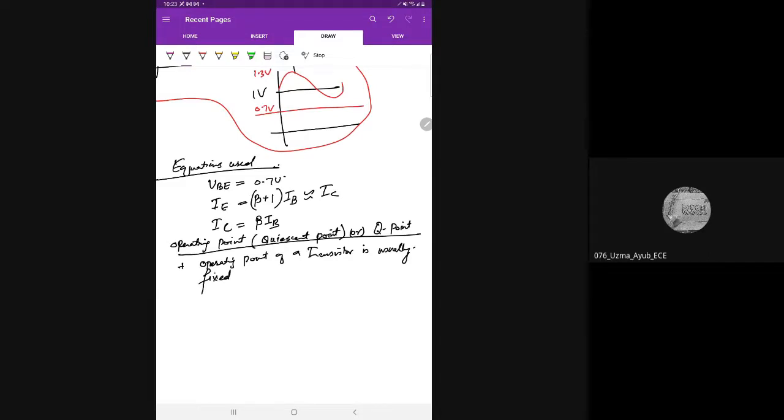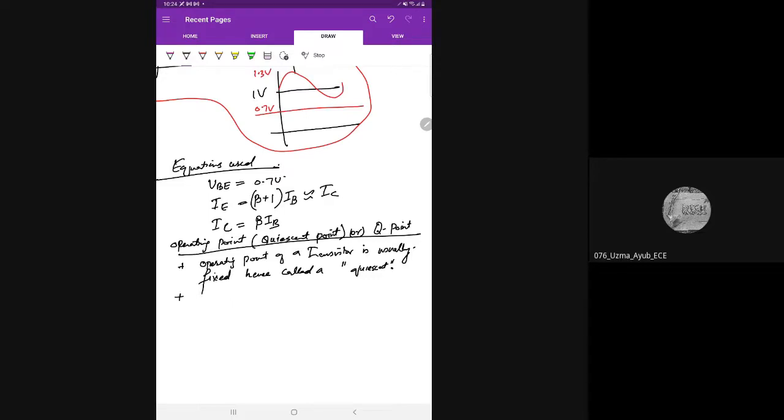It does not change while you operate a transistor. ठीक है? So hence called a quiescent point.